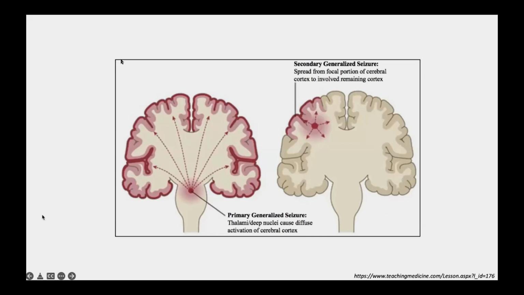There are conditions such as absence epilepsy and juvenile myoclonic epilepsy. These are associated with generalized seizures, which start in both hemispheres in really broad areas of the cortex at one time. So again, focal seizures or localization related seizures can secondarily generalize, and then primary generalized seizures start kind of everywhere at once.